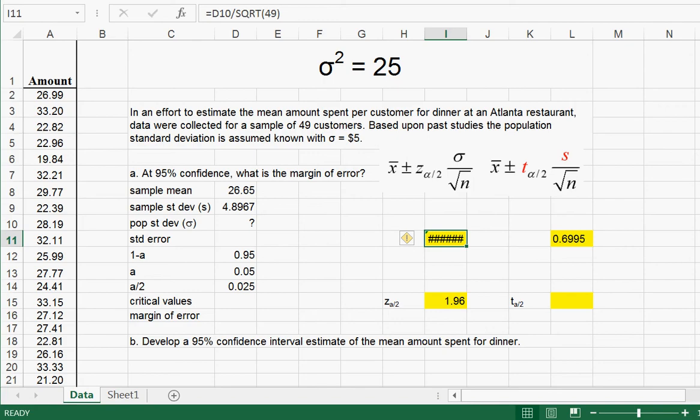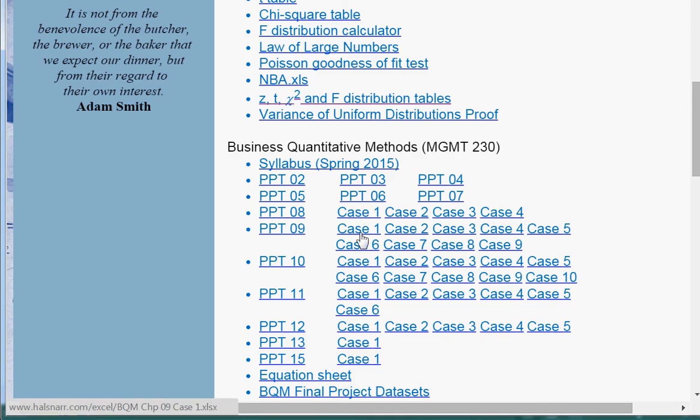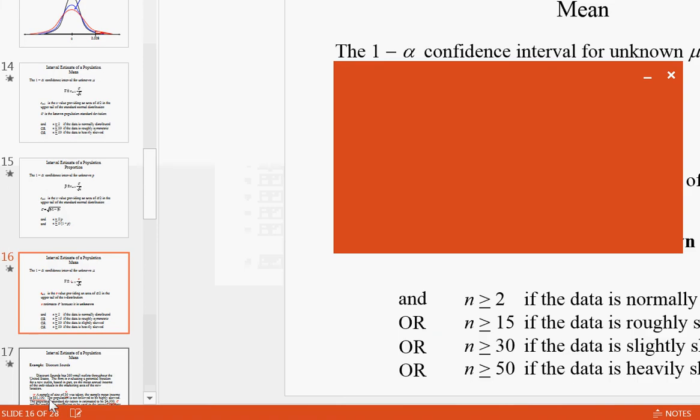So go to my website again. I want you to open up PowerPoint 3. This is a little review. Do you remember the equation for the sample standard deviation?